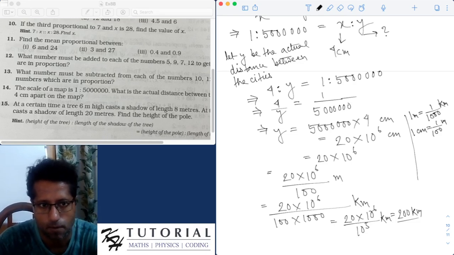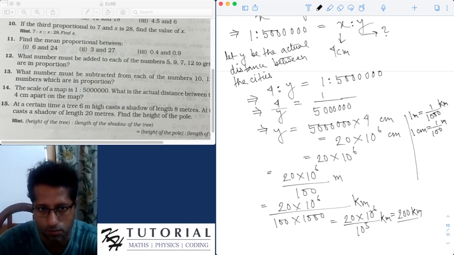The thing is that the ratio of a distance in the map to the actual distance is given, which is 1:560, and you are asked to find the actual distance between two cities if its distance is 4 centimeter apart.